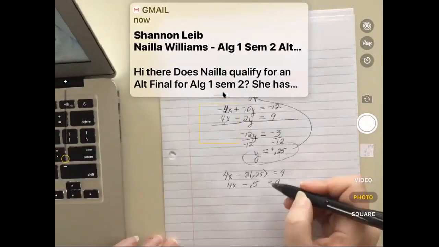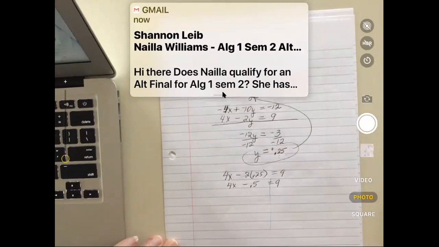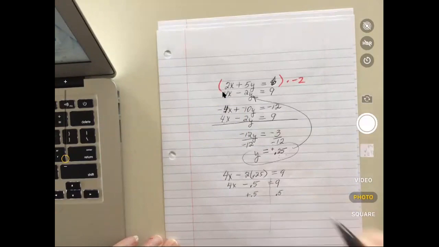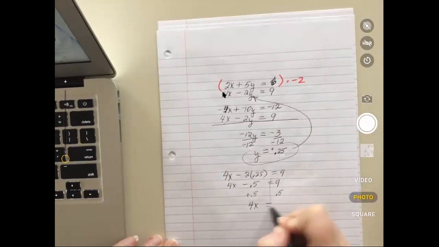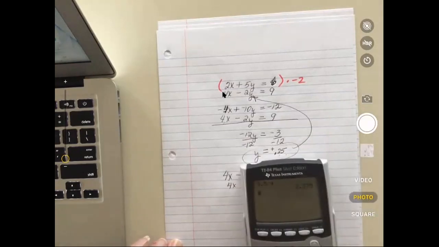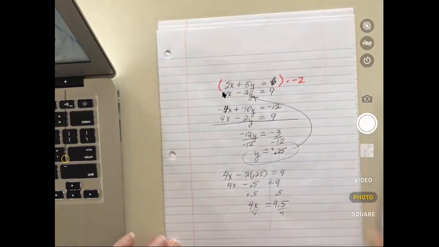Now I'm going to solve this. Add 0.5, add 0.5. It's like adding 50 cents. I can do it in my head pretty much. This is 9.5. This I can't do in my head though. Divide by 4, divide by 4. I'm going to grab a calculator here. 9.5 divided by 4 is 2.375. Yuck, it wasn't a good number at all.